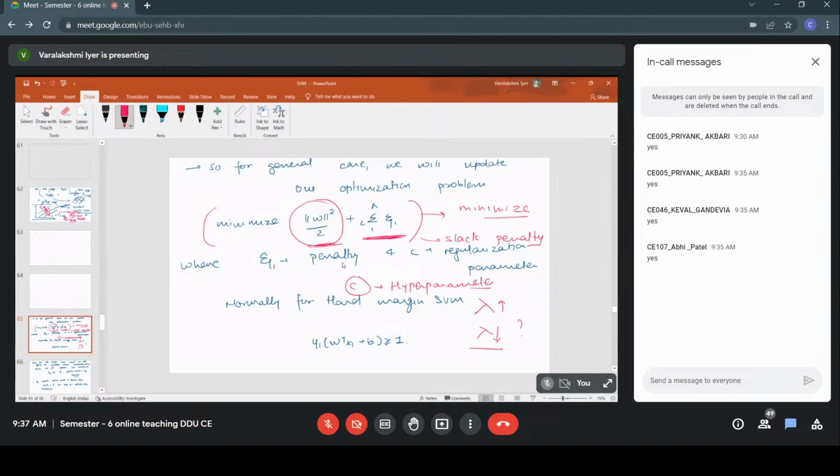Anybody recalls? What happened in the case where the regularization parameter was too high and too low? Okay, in which case would overfitting happen, low or high? High, okay. Whenever lambda is very high, there is a possibility of overfitting. Is that correct?